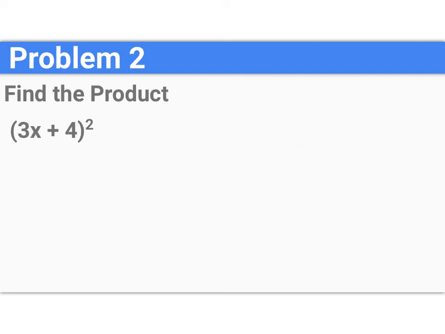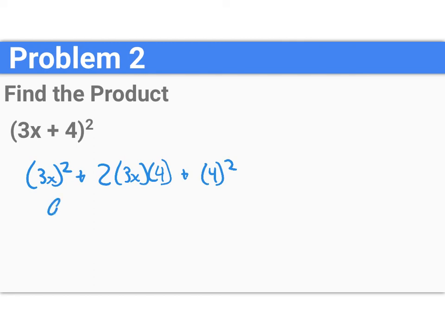Okay, so I am going to find the product using the formula. So I'm going to take 3x and square it, plus 2 times 3x times 4, plus 4 squared. 9x squared plus 6 times 4 is 24x plus 16.